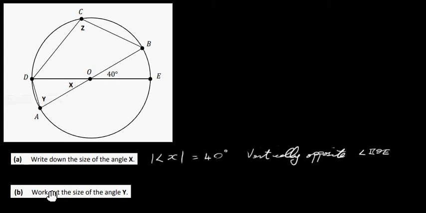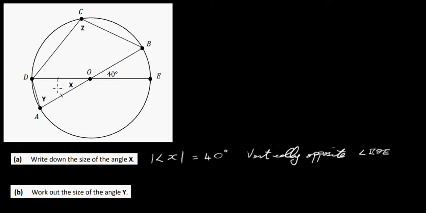Okay, second question, work out the size of the angle Y. So this angle here, Y. Now, if you look at this triangle here, you'll notice that this is a radius and this is a radius, so they're both equal. In other words, this triangle is actually an isosceles triangle.